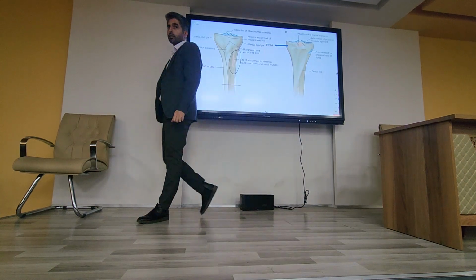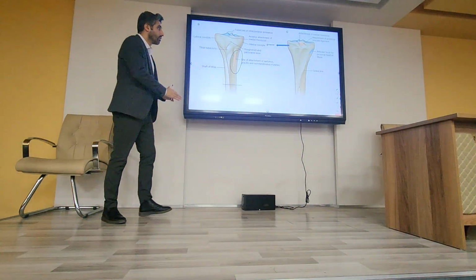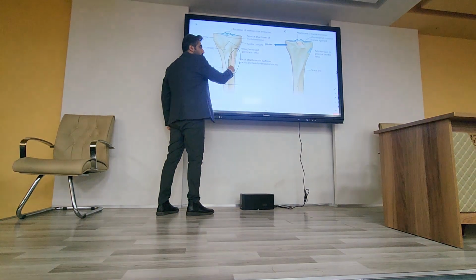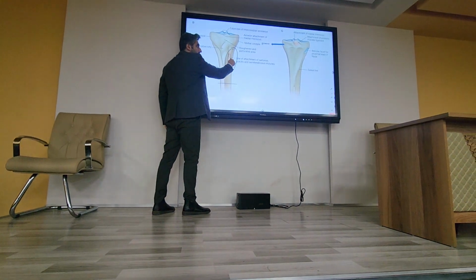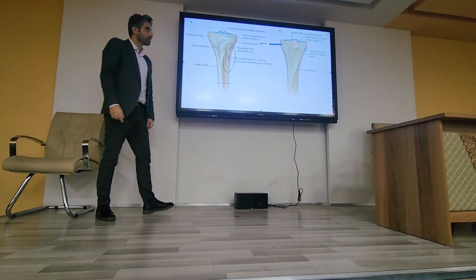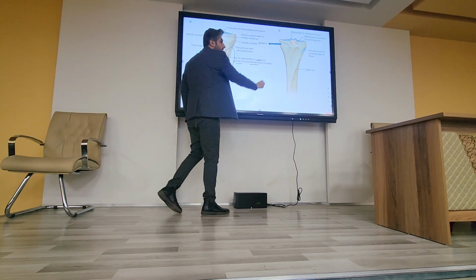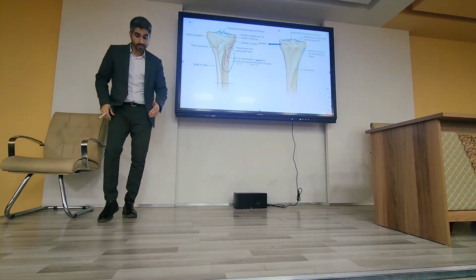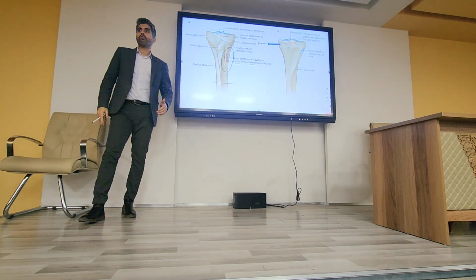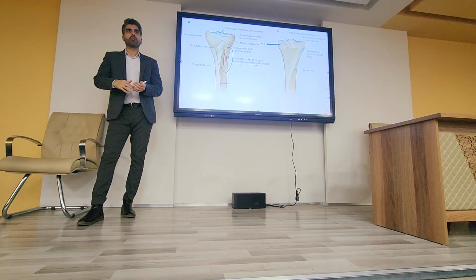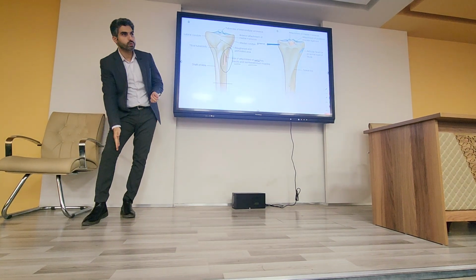So medial side of the tibia, we have tendon of three muscles. From anterior to posterior, sartorius, gracilis, semitendinosus. These three muscles attached to the medial surface of the tibia. One anterior compartment, sartorius.